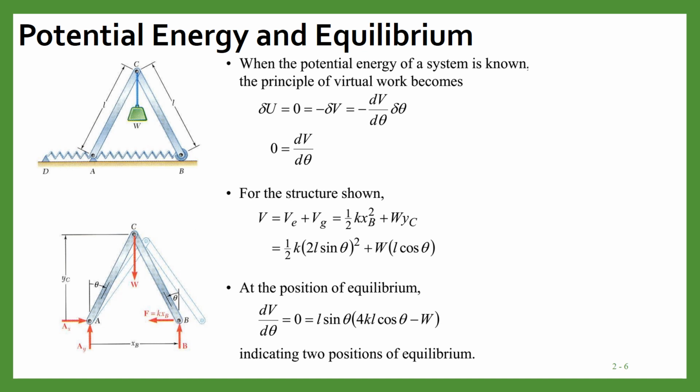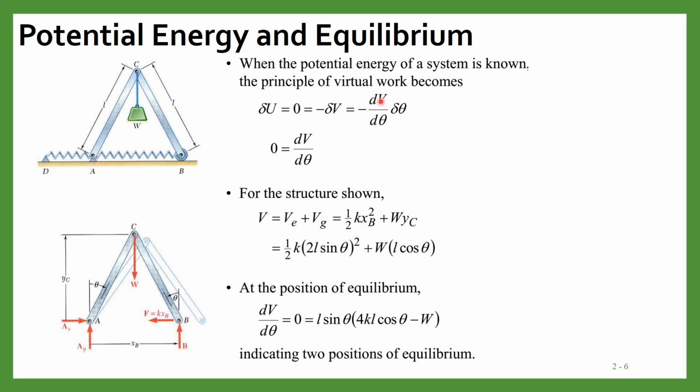Now let us see the relationship between potential energy and equilibrium. Suppose the potential energy of a system is known, then the principle of virtual work will be like this. As we all know, for the application of the principle of virtual work, change in work should be equal to 0, and we can also write it as minus delta V, because delta U is minus delta V for the conservative forces.